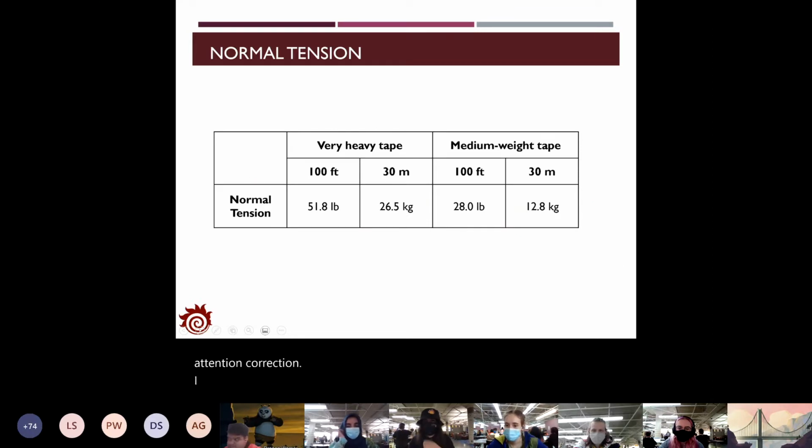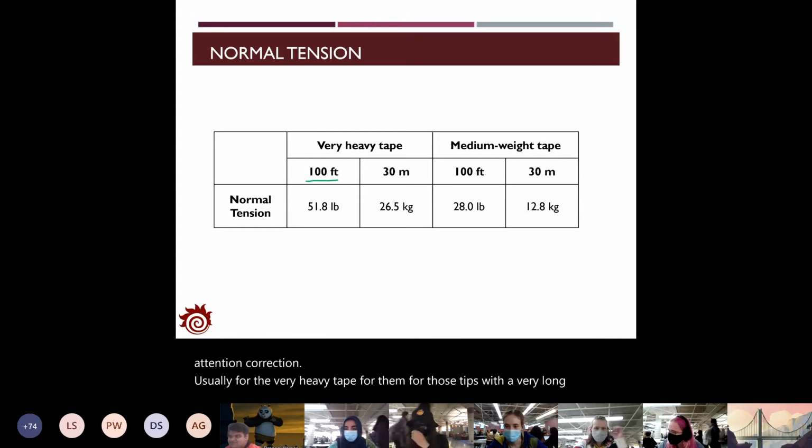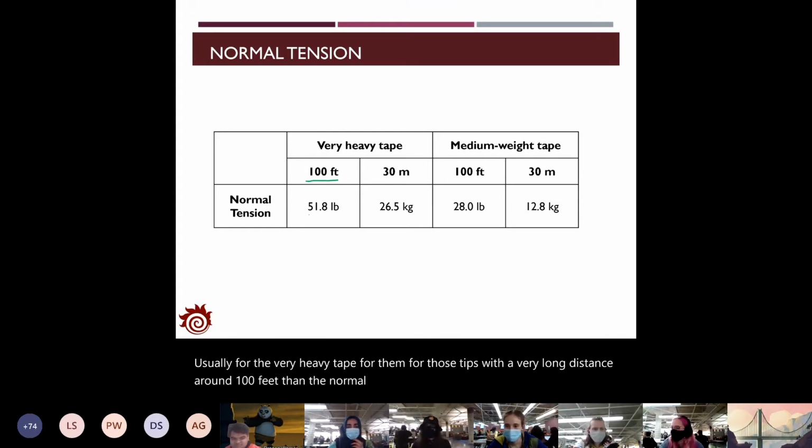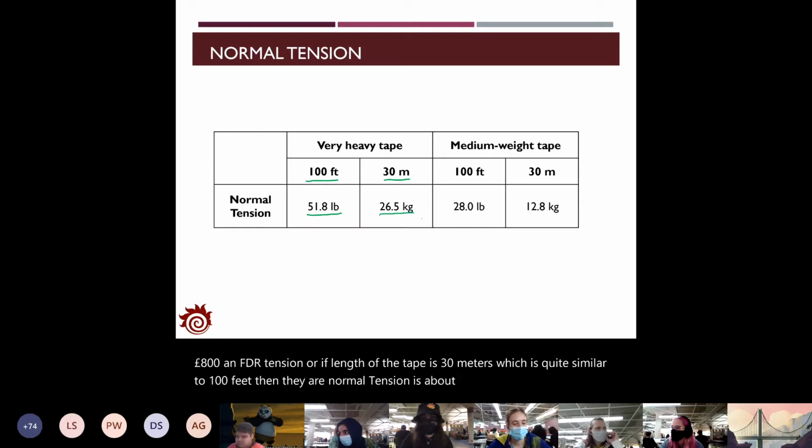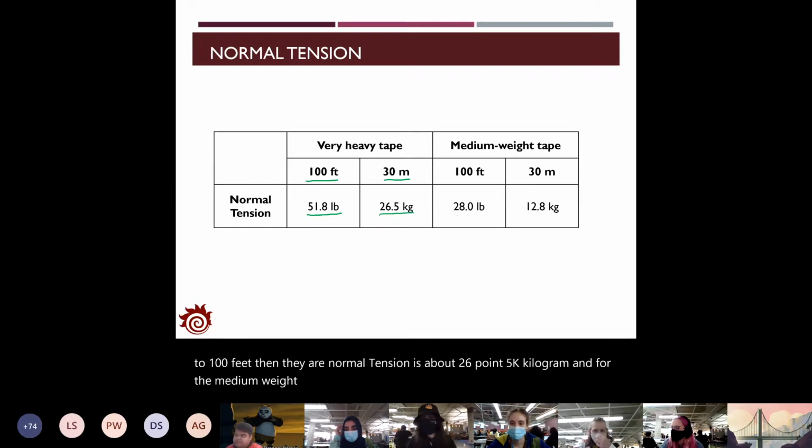Usually for a very heavy tape, for example, for those tapes with a very long distance, around 100 feet, the normal tension is about 51.8 pounds. And if the length of the tape is 30 meters, which is quite similar to 100 feet, then the normal tension is about 26.5 kilograms. And for the medium weight tape, the normal tension is around 28 pounds for 100 feet and 12.8 kilograms for 30 meters.